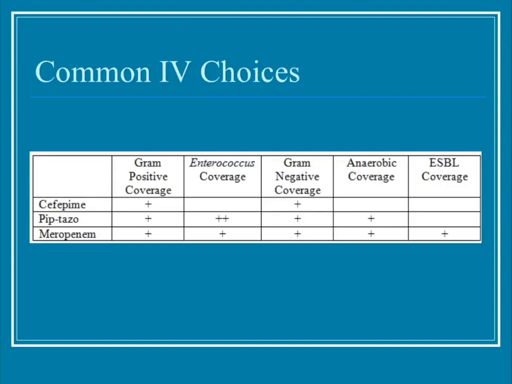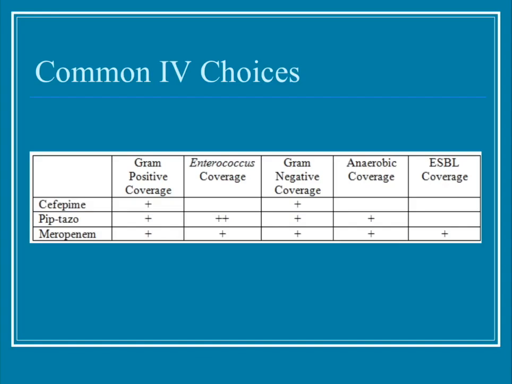Talking about IV antibiotics: cefepime, piptazo, and meropenem. This is a very important concept to understand, especially for neutropenic fever. When you look at needing Pseudomonas coverage, that's why we look at these three drugs as options. You have to ask: is my patient having abdominal complaints? Then I need anaerobic coverage, and piptazo and meropenem innately have anaerobic coverage.